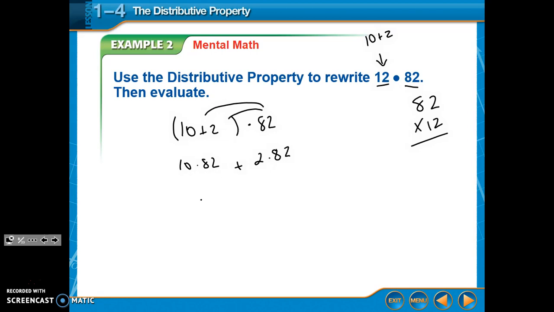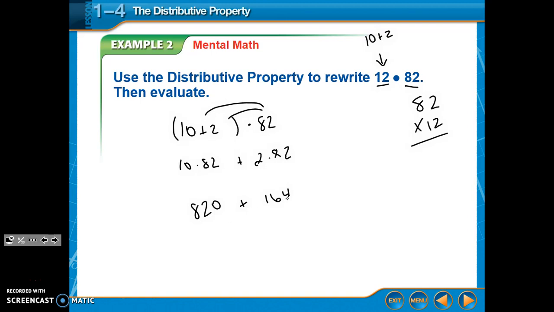So 10 times 82 is 820, right? And then 2 times 82 is going to be 164.